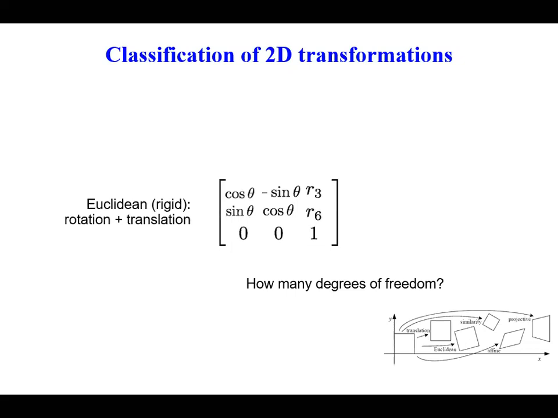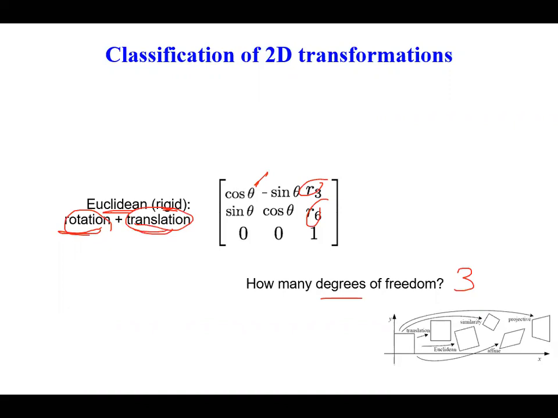How about this? Assuming that I have what we call the Euclidean or rigid transformation, which is rotation plus translation. So now with this, my degree of freedom is 3. Why is it 3? Because I have 3 things to change. I have 2 in the translation, Tx and Ty, and I have 1 in the rotation, which is theta.